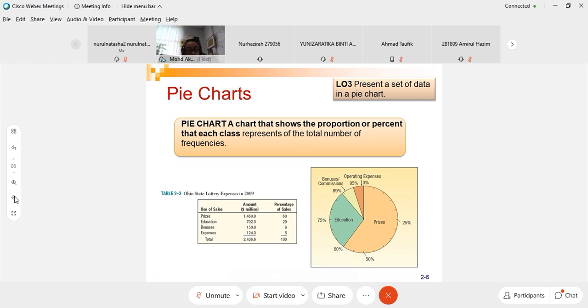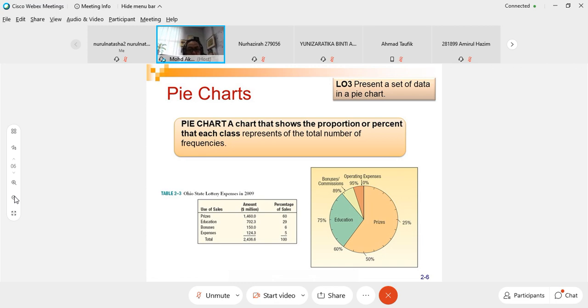Maybe they have 2: operating expenses and bonuses and commissions. So, from pie chart, mengapa dia panggil pie chart? Nur Hazirah? Sebab dia bentuk bulat, Doktor. Good. Bentuk dia macam pie. That's why dia panggil pie chart.